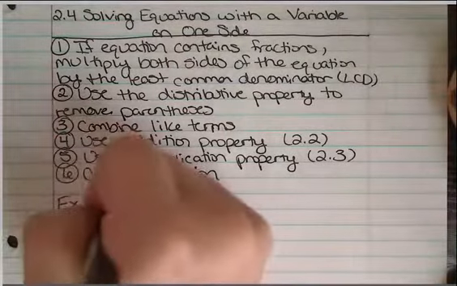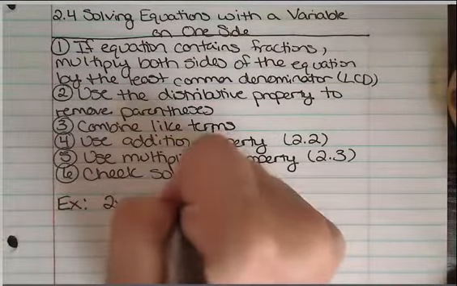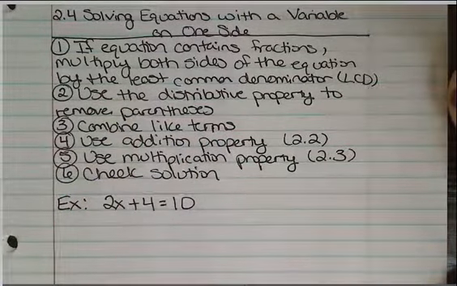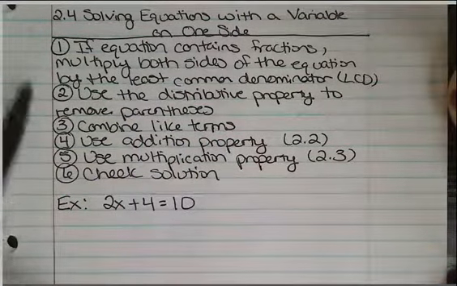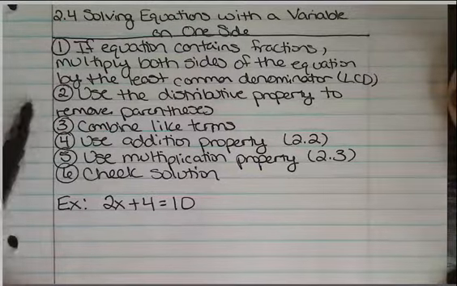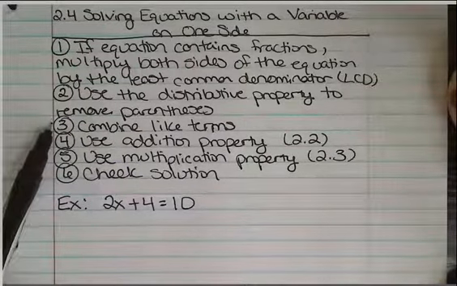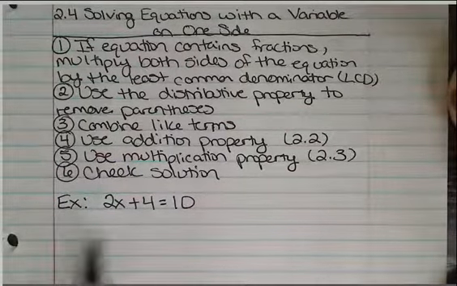So here's an example. We have 2x plus 4 equals 10. We don't have any fractions, so we don't have to do number 1. Do we have any parentheses that we need to remove? No, so we don't have to do step number 2. Combining like terms is step number 3. Can we combine our 2x plus our 4?